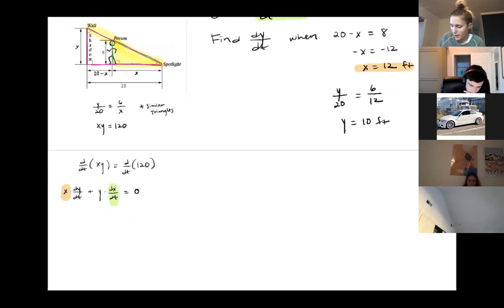So then we can plug in that value for y. So plugging everything in and then solving for dy over dt.